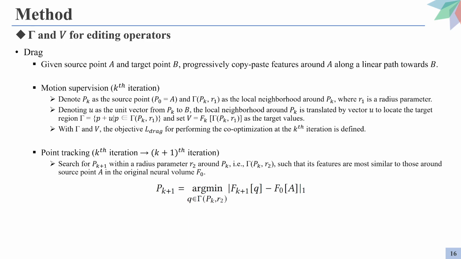In the point tracking step, we look for the next point to apply the motion supervision step. The point is selected within the radius of r2 around the current point, and the point with the highest similarity to the original point A is chosen as the target. The process repeats until the point B is reached.